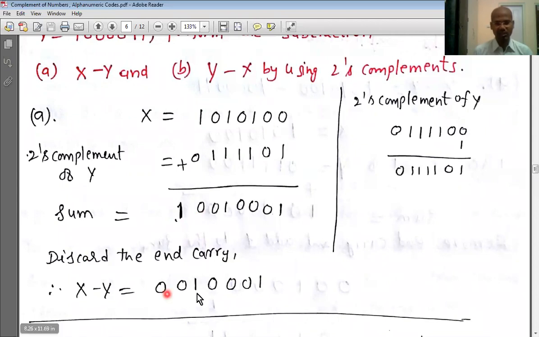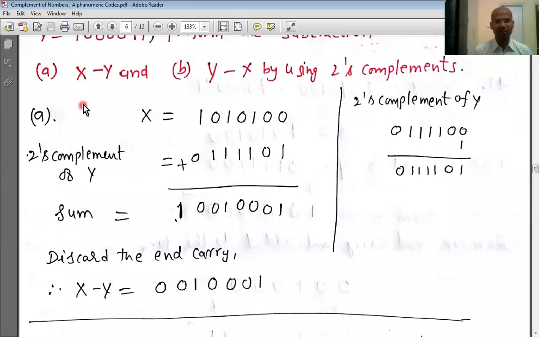Our answer is 0, 0, 1, 0, 0, 0, 1. If you have any doubt, it is better to check by comparing with normal subtraction. In both cases you will get the same answer. Only then is the answer that you got by performing 2's complement correct.